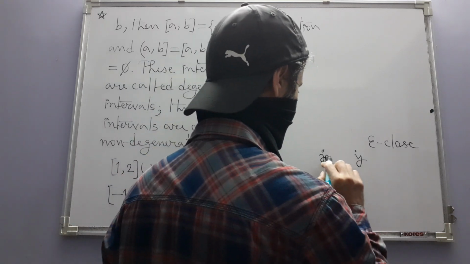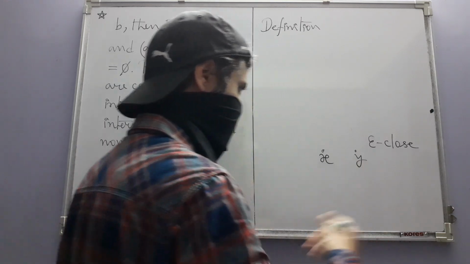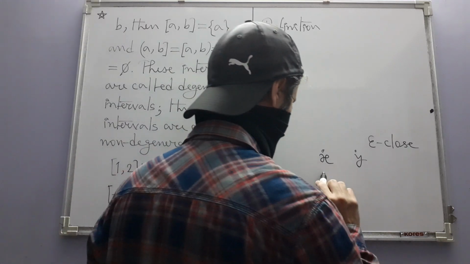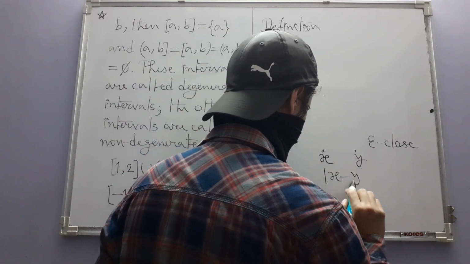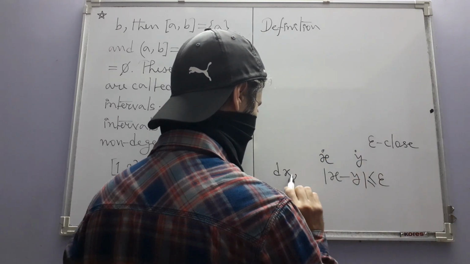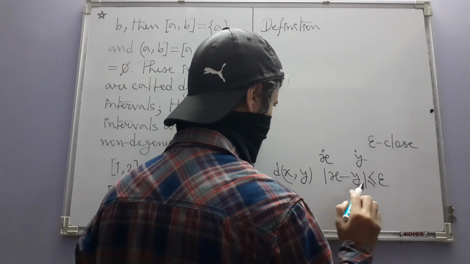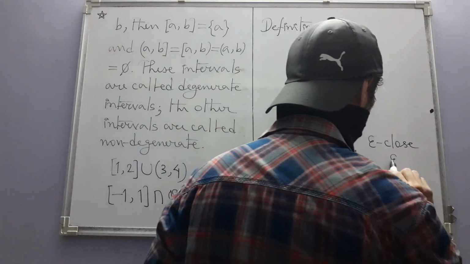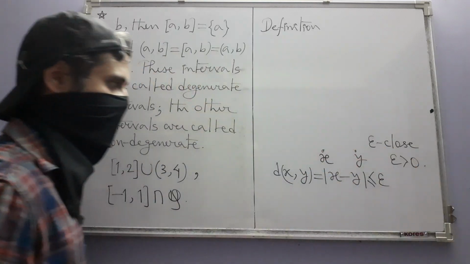Let's recall that we say that x and y are epsilon close to each other, or x is epsilon close to y, when the distance between them does not exceed epsilon, and where epsilon of course is some positive real number.